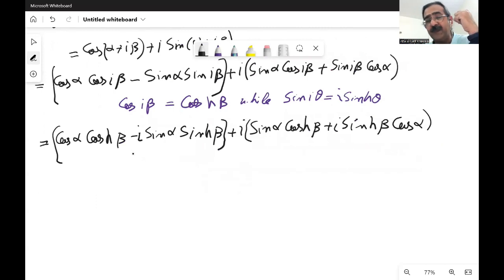So we will separate the real and imaginary parts of this. That will be cos alpha cos hyperbolic beta. And when we multiply i with i, it will be a minus.